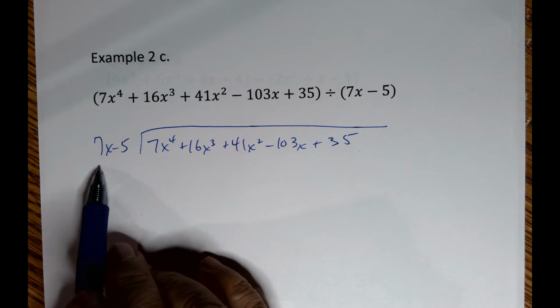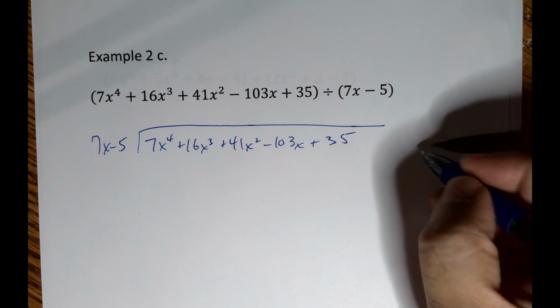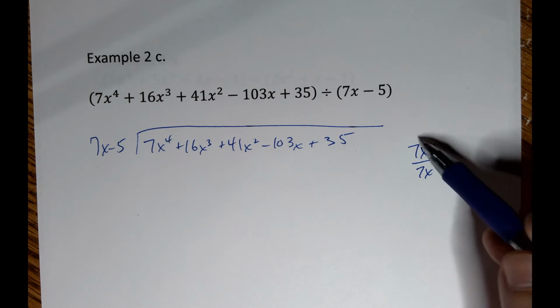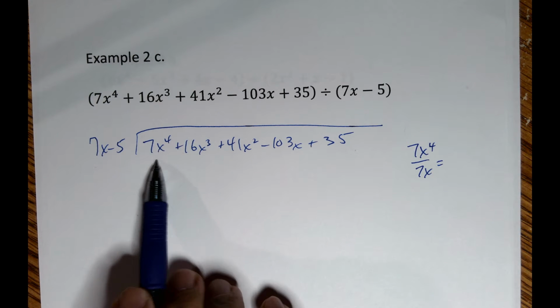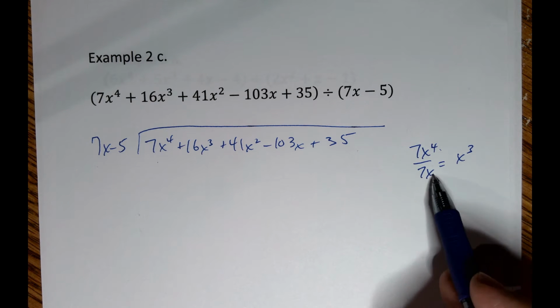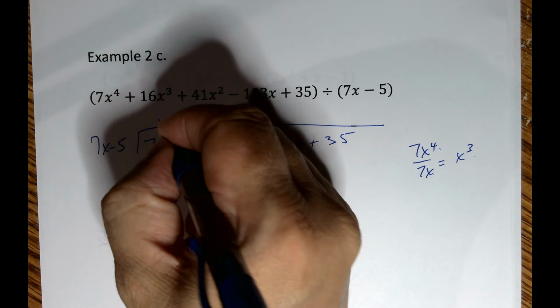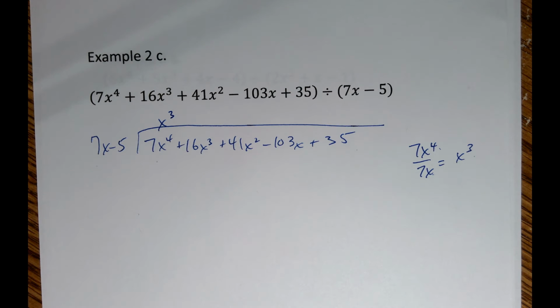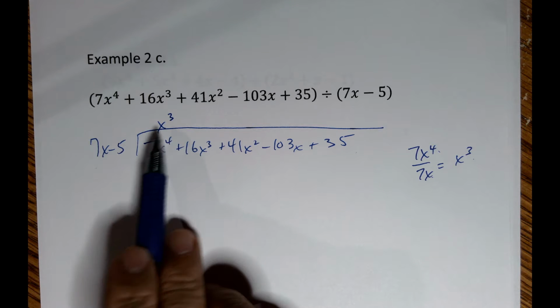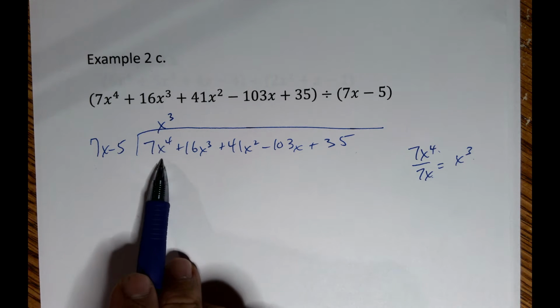So you compare 7x and 7x to the 4th. Basically, you're solving this equation. Remember, it's division. What happens when you divide 7x to the 4th by 7x? You get x cubed, right? The 7's cancel. 4 minus 1 is 3. And that's what goes here. That's what I mean by 7x times what is 7x to the 4th.